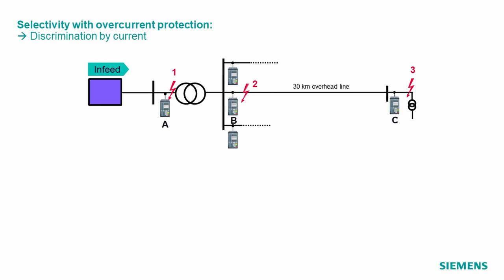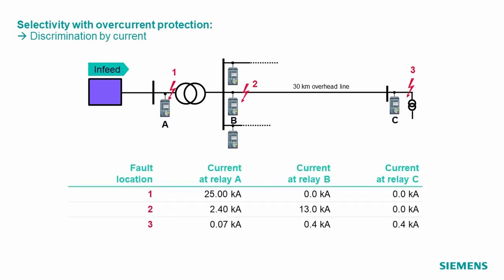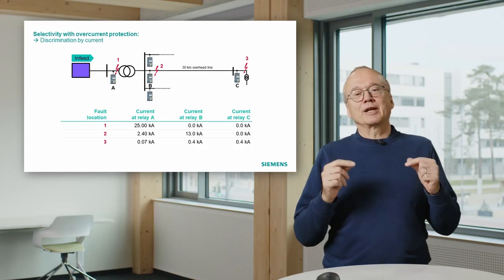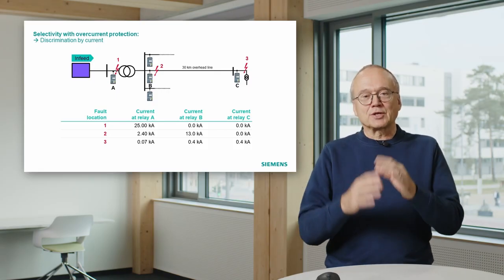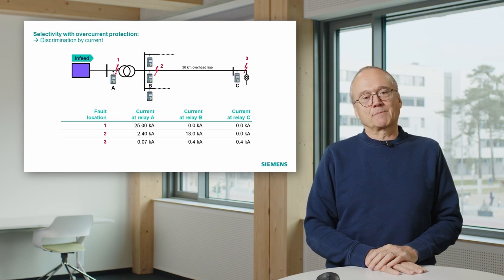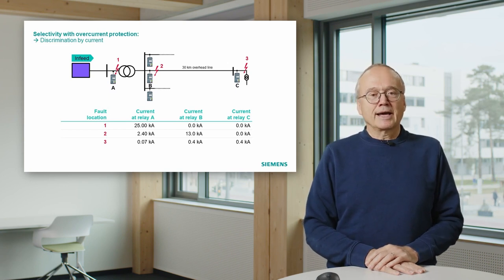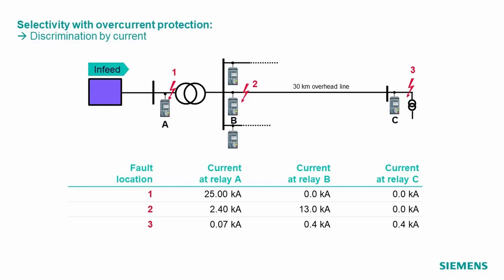And now I would like to consider three locations for short circuit current, number 1, 2 and 3. And in this case I did a calculation of the short circuit current for the three locations. I also assumed we don't have a network with short cables. I assume between substation B and C a 30 kilometer overhead line.